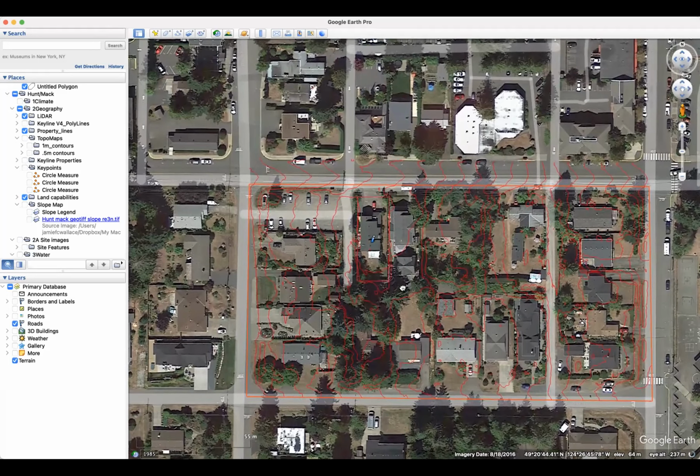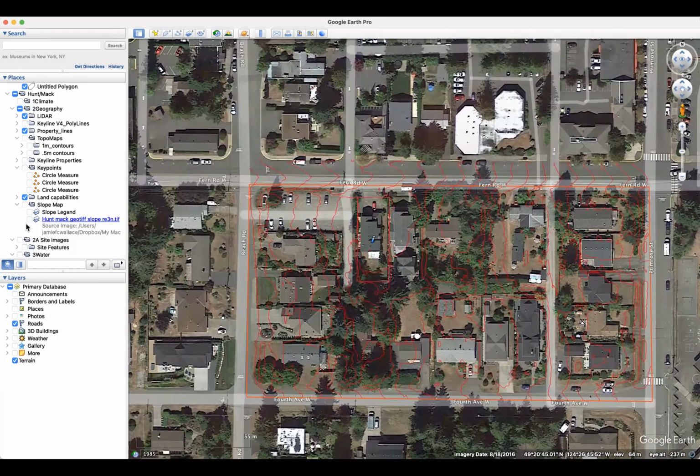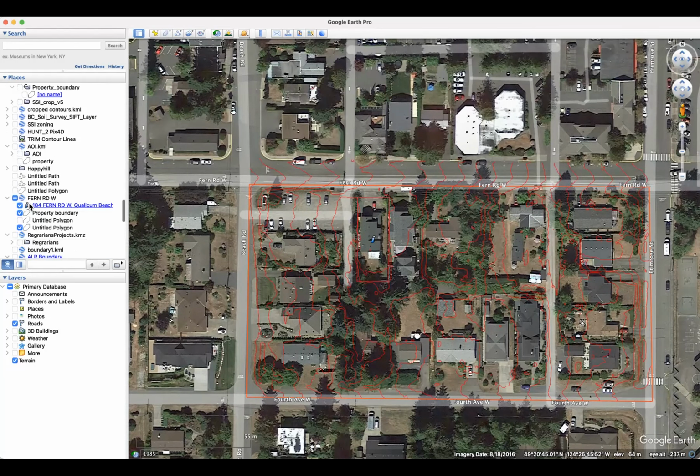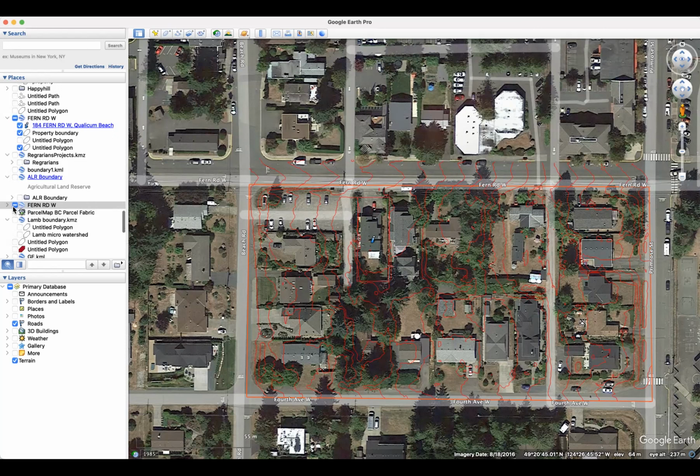I don't know what my slope... Not sure why I lost that. There we are. So I have 1 foot contours here. There's the project boundary. And you can see this is pretty flat.